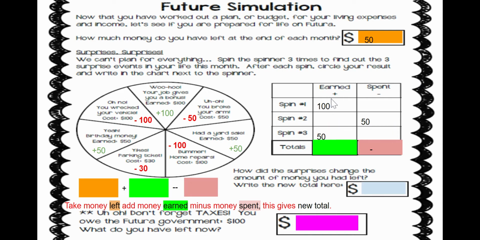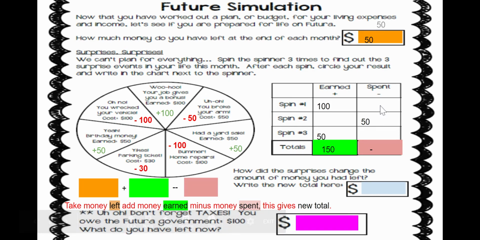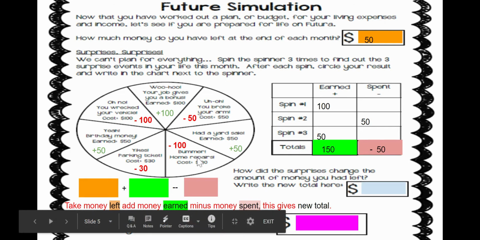So looking at the money that I earned in this row, I earned 100 here and another 50. So that's 150 that I earned. Uh-oh, but I did break my arm. So that is minus 50 that I lost. So I'm going to figure out the total amount of money that's happening with these surprises. So originally I had $50 left.